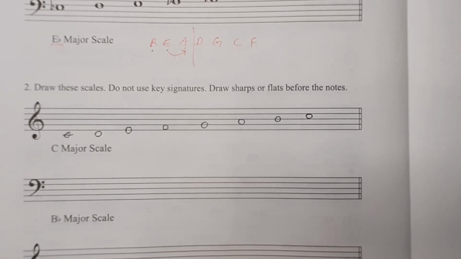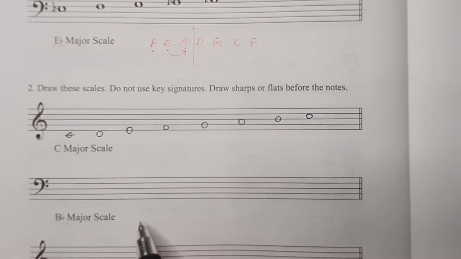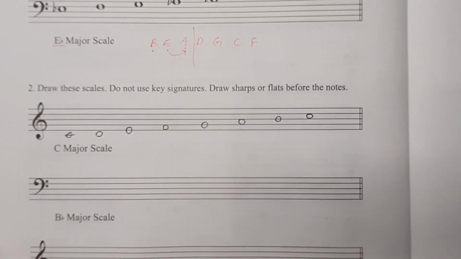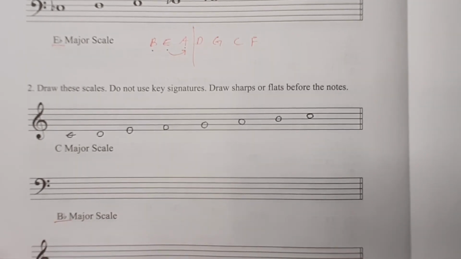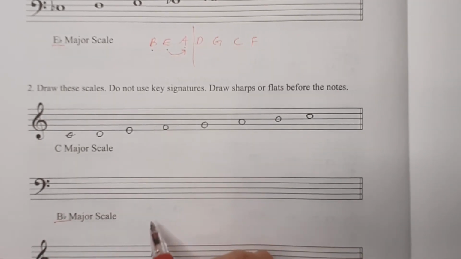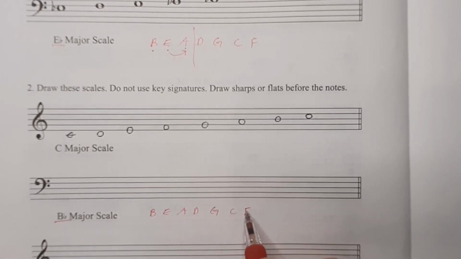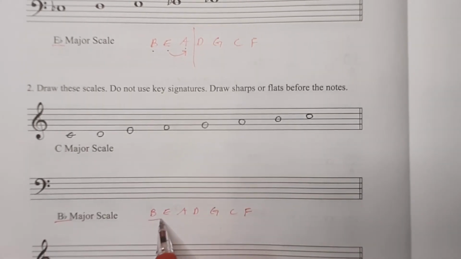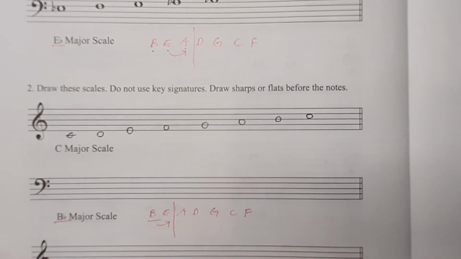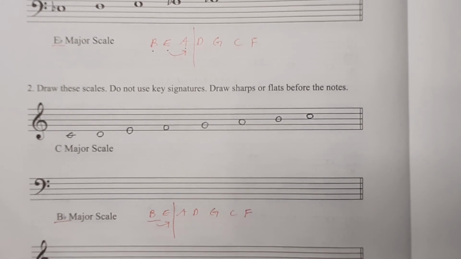Let's do B flat major. Tell me, is that a sharp key or flat key? Obviously, this is a flat key. What's the order of flats? B, E, A, D, G, C, F. Now you see a B flat here. And can you go one more? Yes, you can. So you have two flats, B flat and E flat.